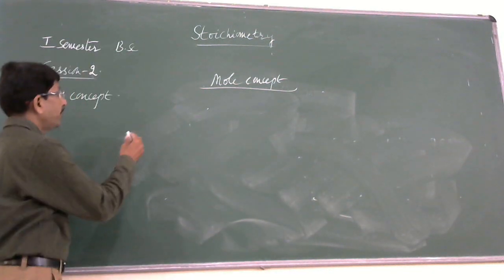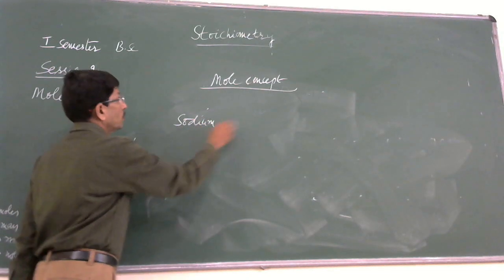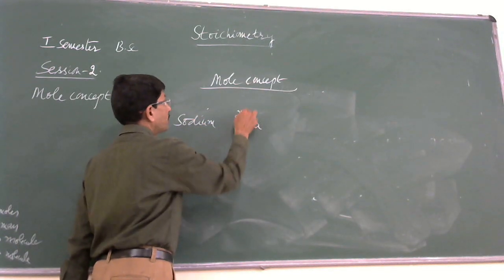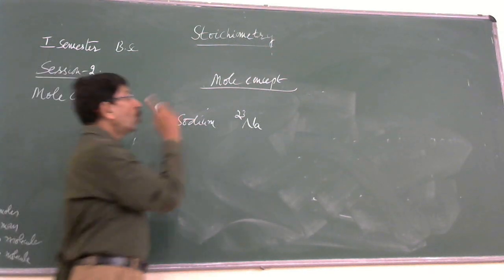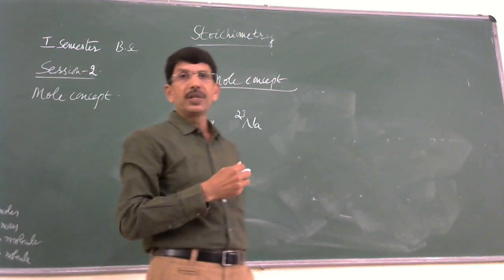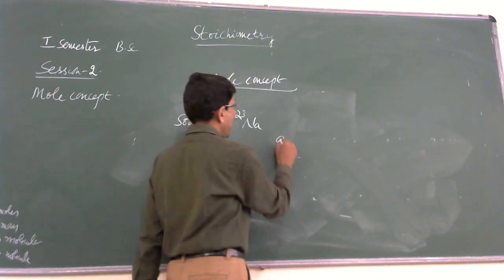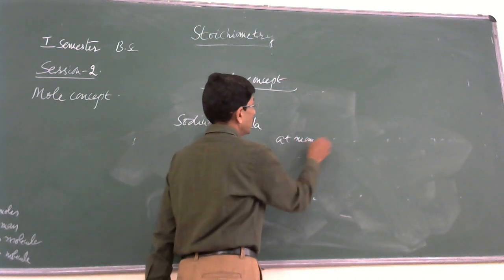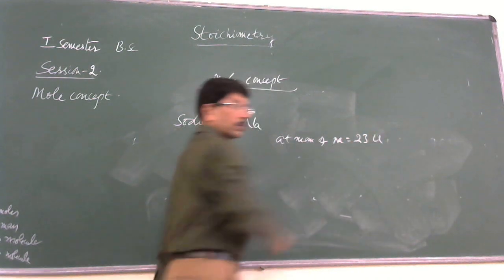For example, take sodium. Atomic mass of sodium is 23, meaning one atom of sodium weighs 23 AMU. So atomic mass of sodium is equal to 23 U.